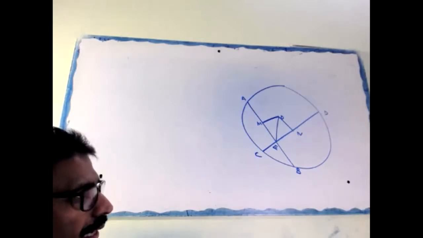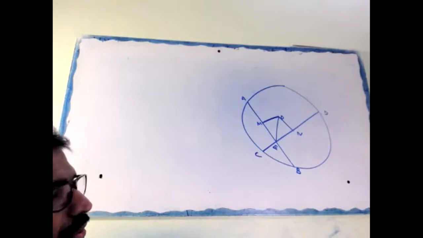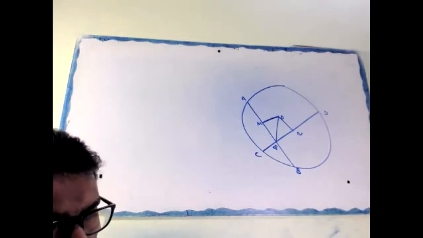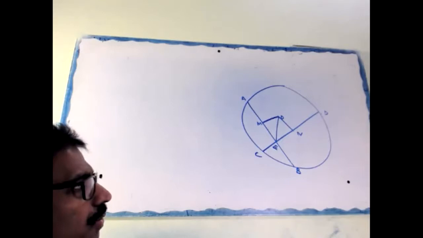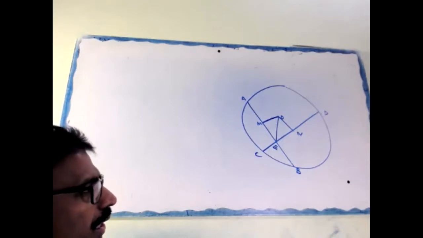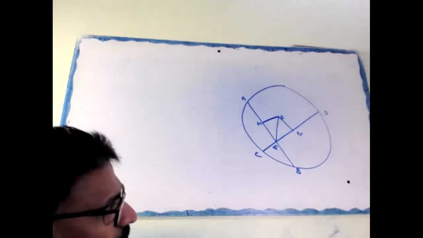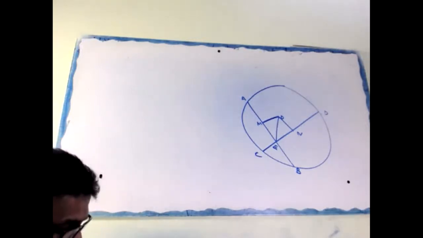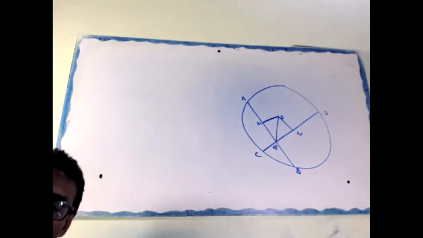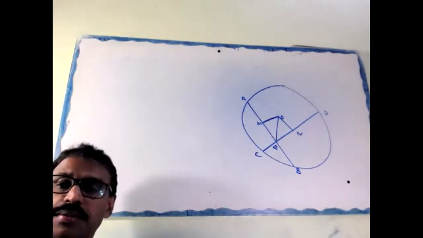Angle M equal to angle N, 90 degrees. OE equal to OE, common. Therefore, triangle OME congruent to triangle ONE, by RHS congruency. Correct or not? Okay, write that.